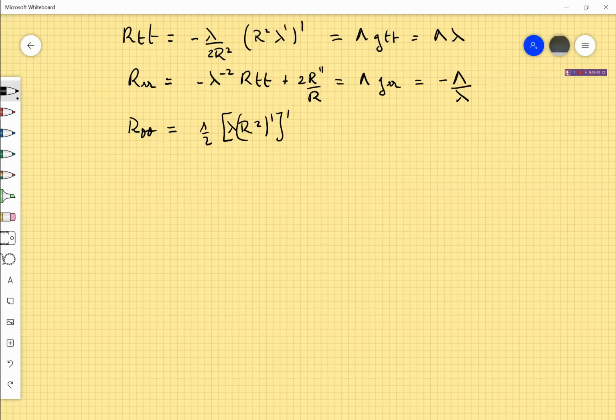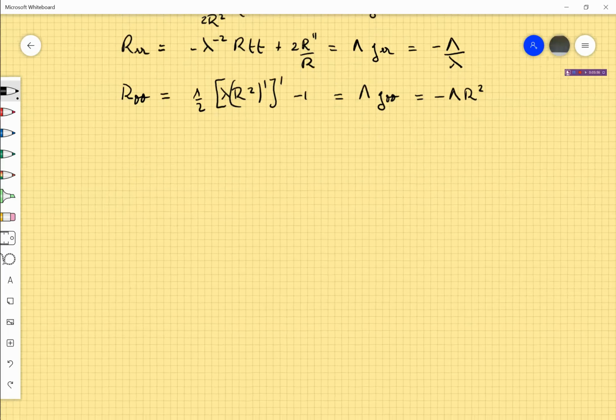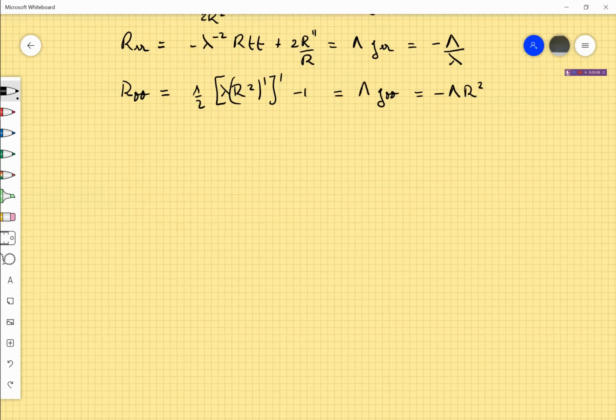It's just this minus 1, and this would be lambda g theta theta, which is minus lambda r squared. Remember the phi equation is proportional to the theta theta one.